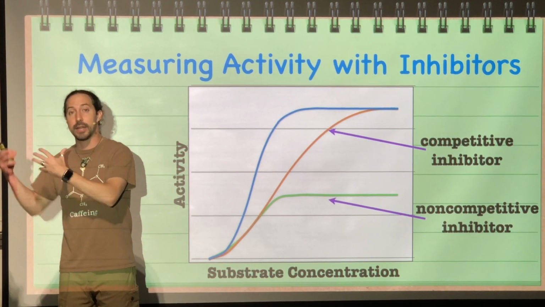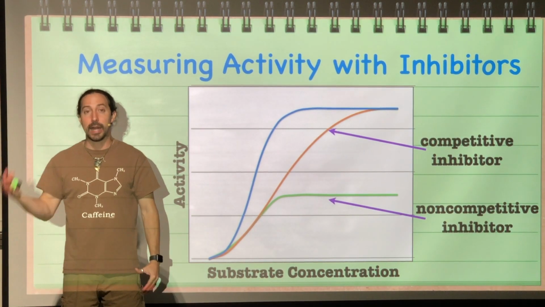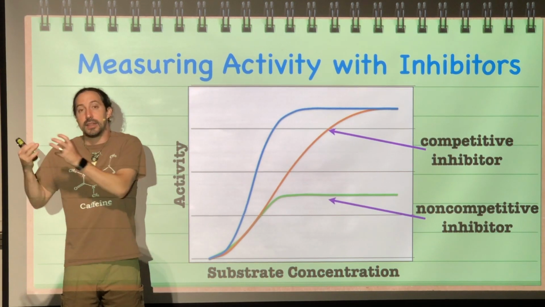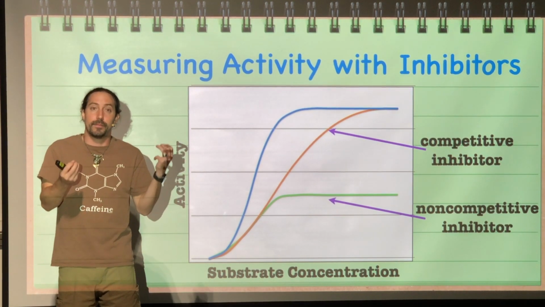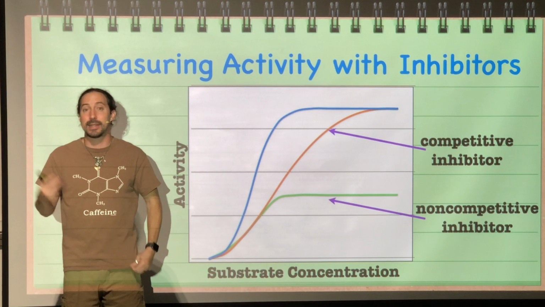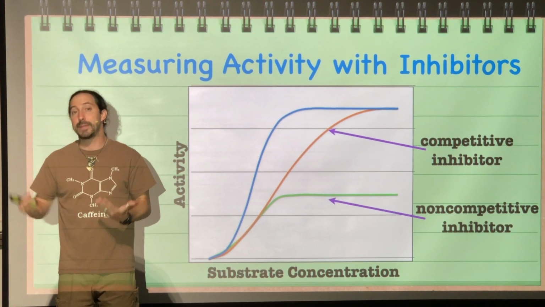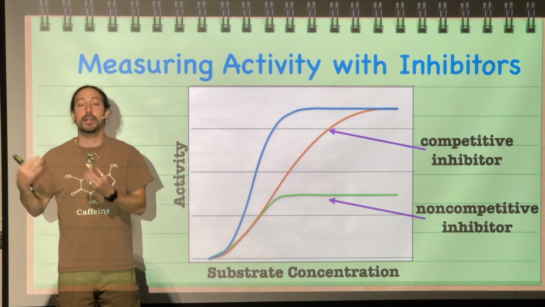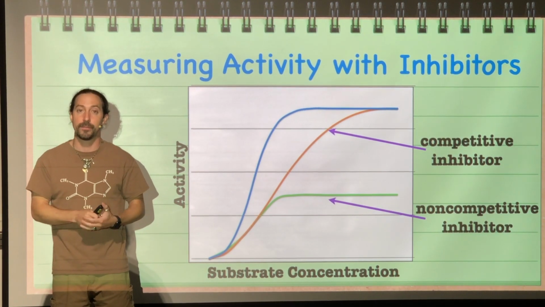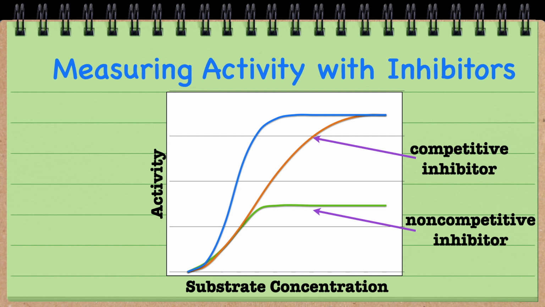Since the non-competitive inhibitor is not going into the active site, and doesn't compete with the substrate, it doesn't matter how much more substrate we put in, the allosteric site will always be open. It will always be available just to that non-competitive inhibitor. So it will end up reducing that peak rate where we have enzyme saturation.